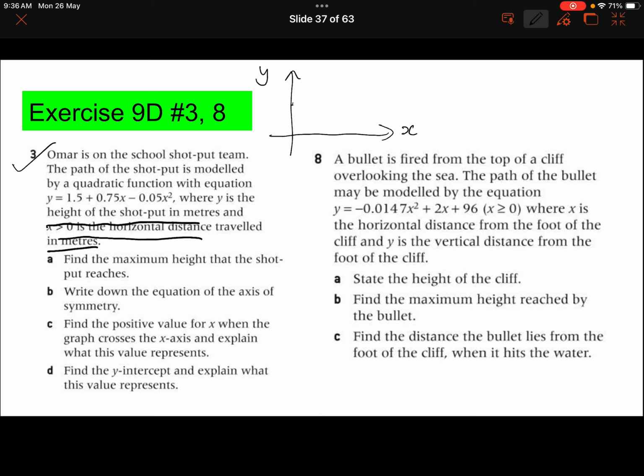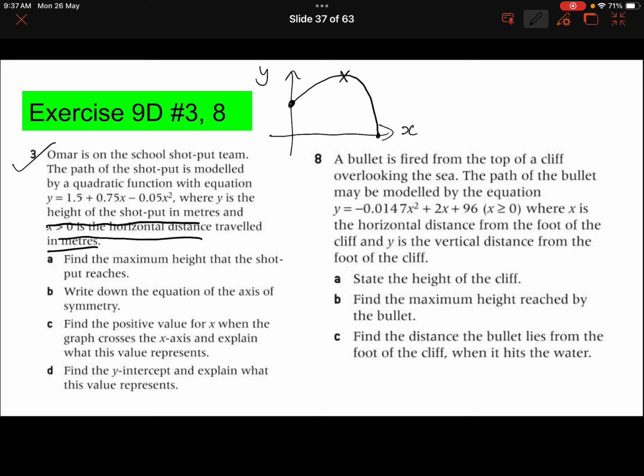So it should start from somewhere along the y-axis. Then it's going to go up, going against gravity. Then it's going to start coming down somewhere about here. So it will probably look something like this. We do want to find out what is the maximum height that the shot put reaches.